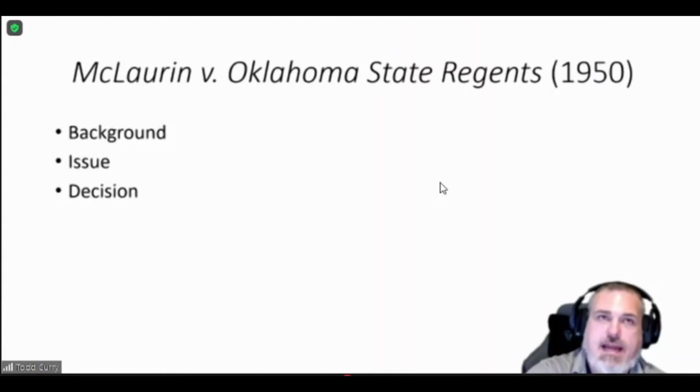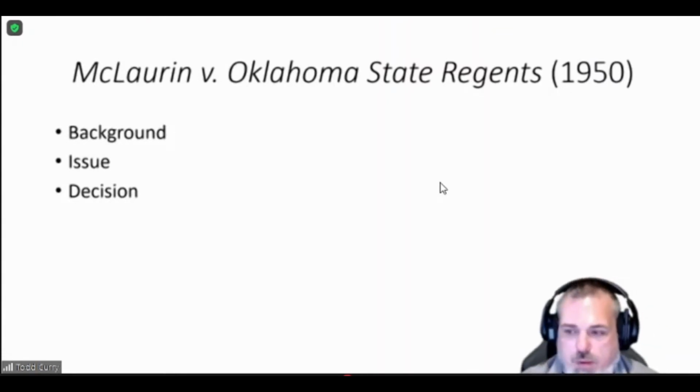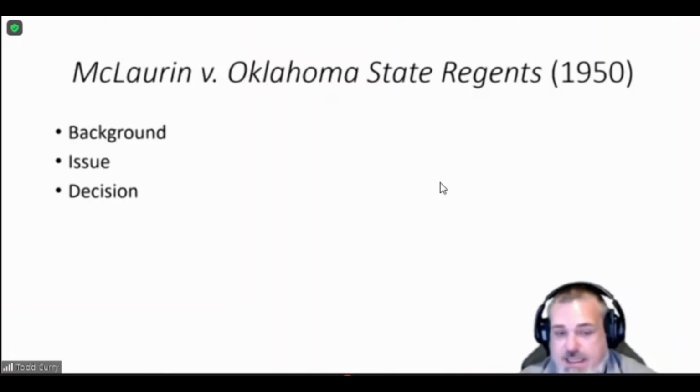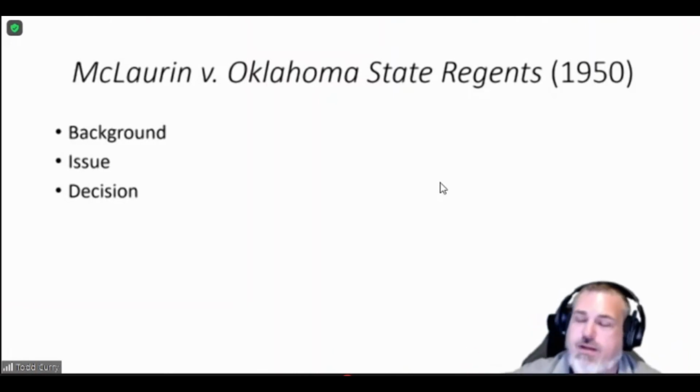That you can't have a robust legal environment, a legal education, in which some students are prohibited from interacting with other students, even if the lecture is the same, and even if access to the library is the same, and even if eating in the cafeteria is the same food.